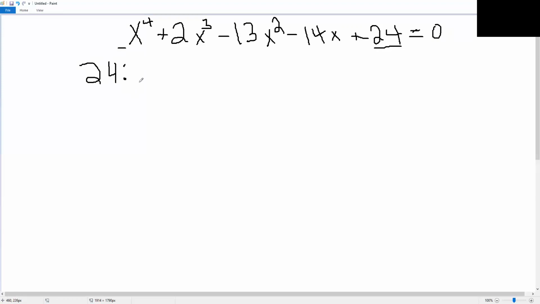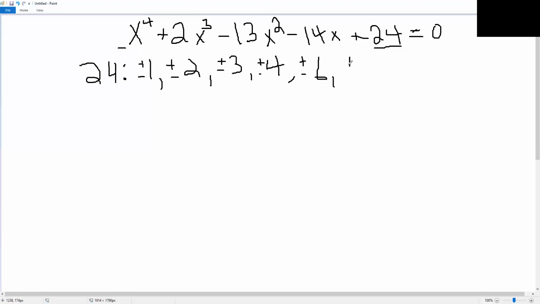So 24 factors are plus and minus 1, and 2 will go into 24, because 2 times 12 is 24. 3 will go into 24, and 4 will go into 24. Actually 6 will go into 24 as well.